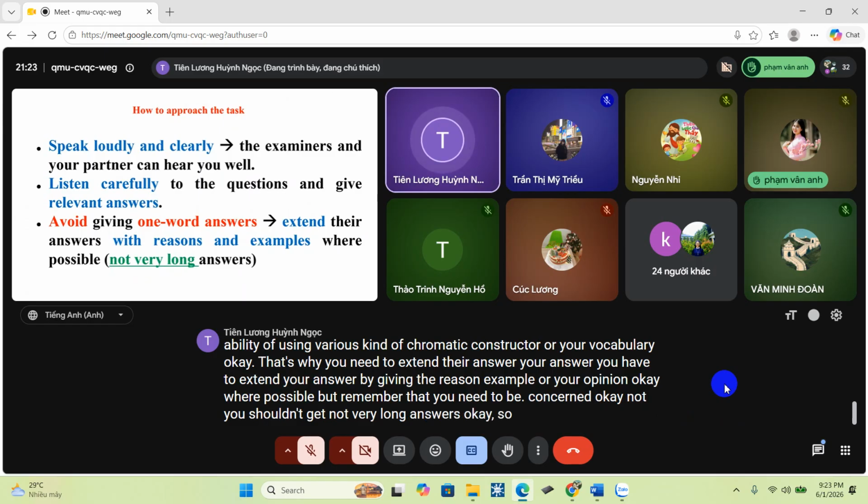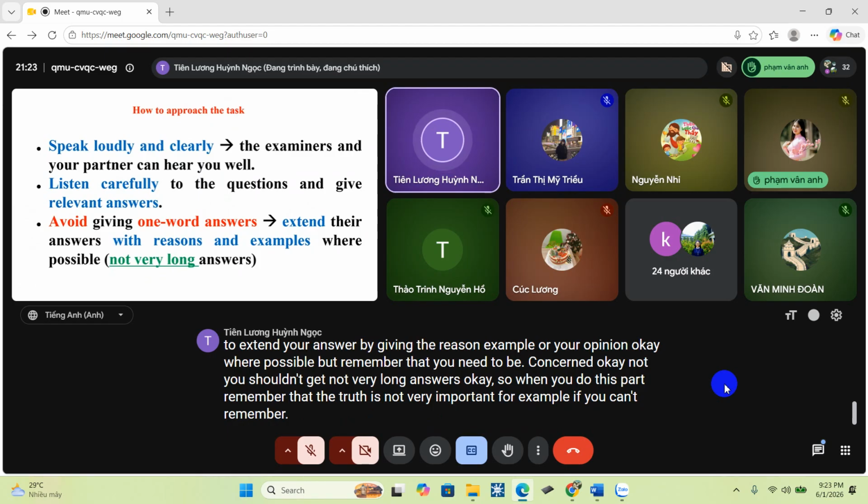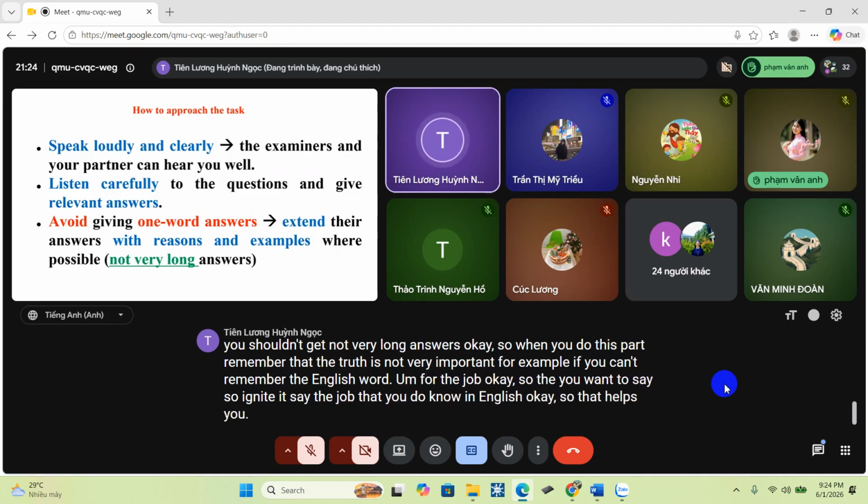When you do this part, remember that the truth is not very important. For example, if you can't remember the English word for the job you want to say, ignore it and say a job that you do know in English. That helps you to get points.